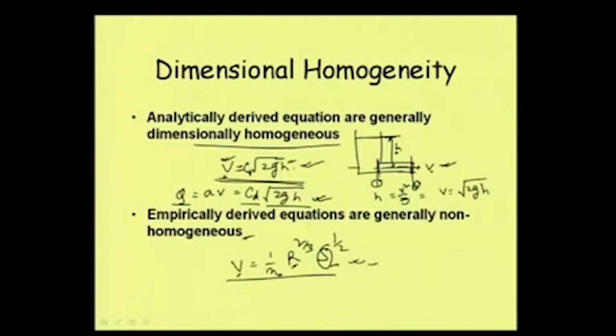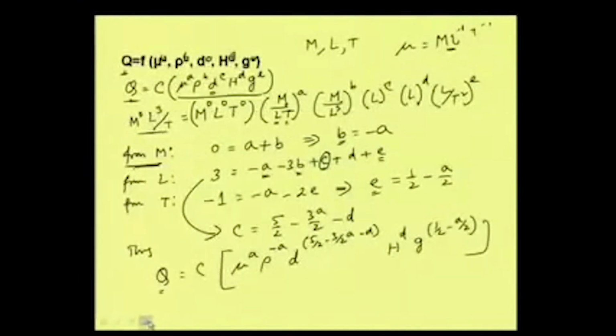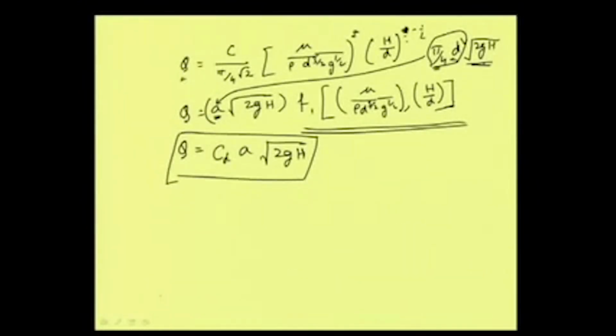But we were not in a position to say what this CD depends on; that was not known. But now when we do dimensional analysis, we get that Q is CD into A root over 2gH. Then we can say that the CD value depends on these parameters, because CD is nothing but a function of this.